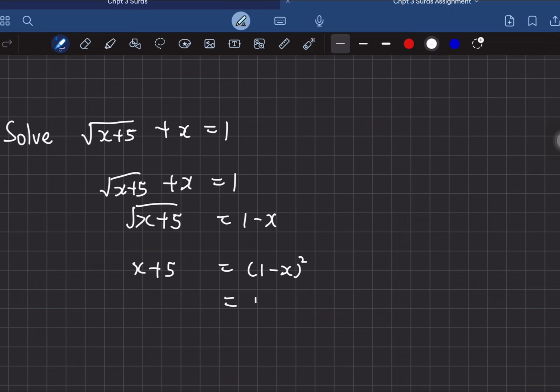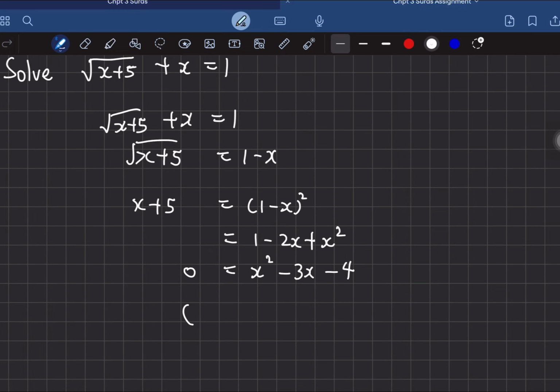So this will be a squared minus 2ab plus b squared. Then I have x squared minus 3x minus 4. Same idea here. Okay, we factorize. Then I have x equals negative 1 or x equals 4.